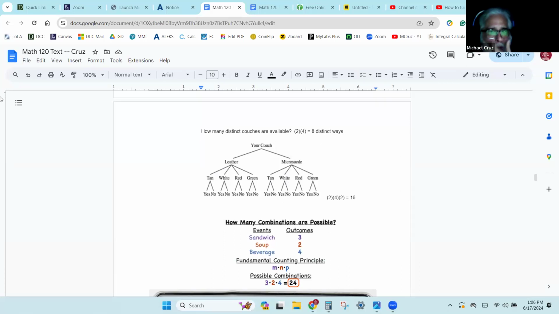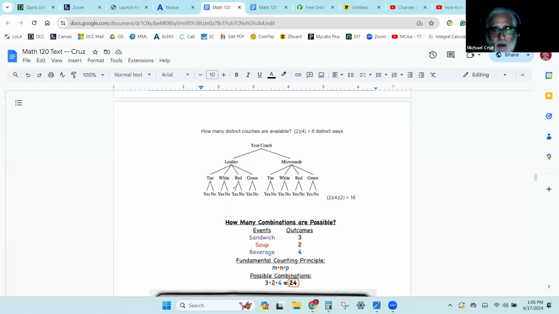And that's all this yes, no means. It means yes, it has a recliner, no. So if you've got 2 times the 8 that was already up there, 8 times 2 gives us 16.